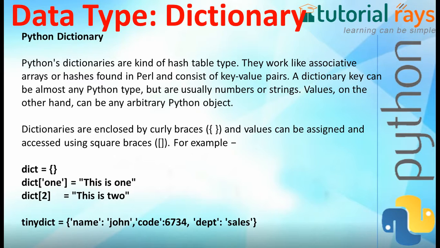For example, here you can see dict one, this is one, and dict two, this is two. So this way it is defined using square brackets.